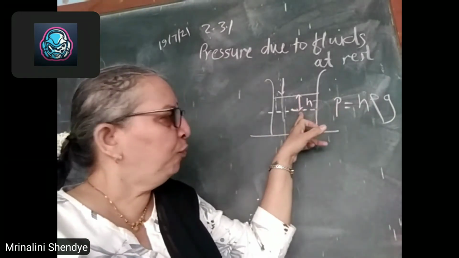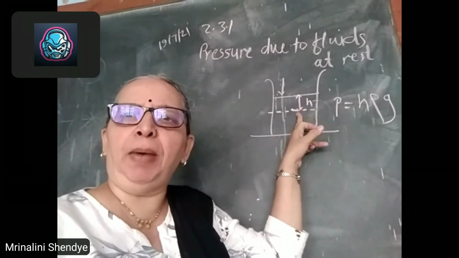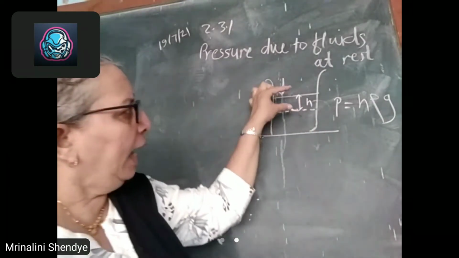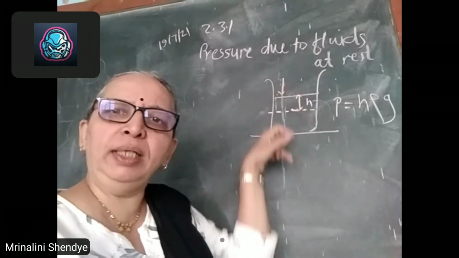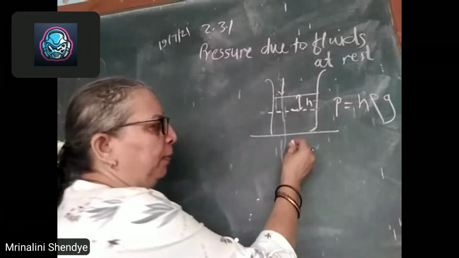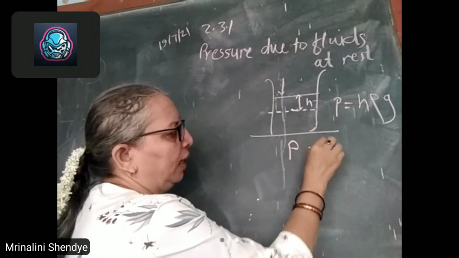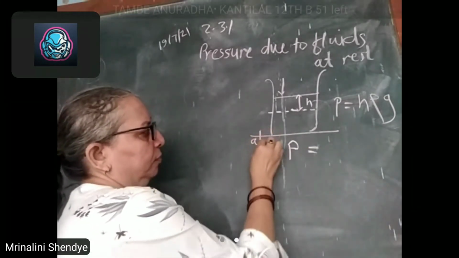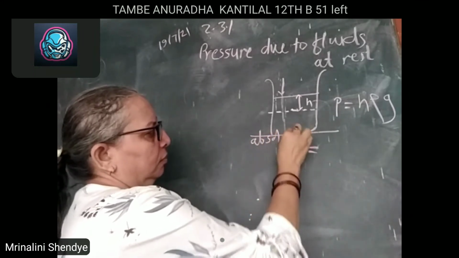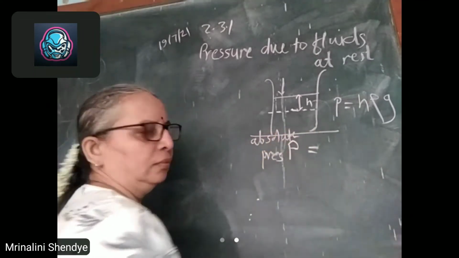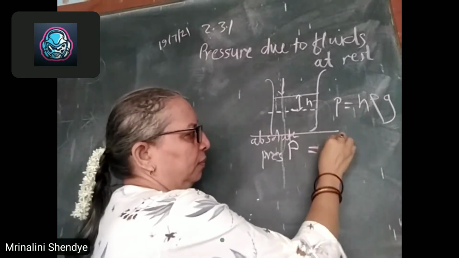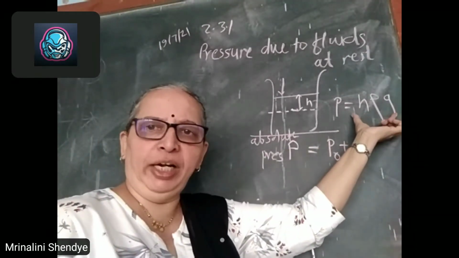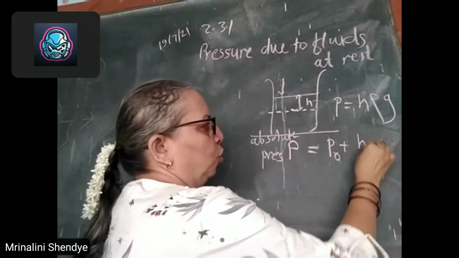So net pressure experienced by a point within the fluid at depth h below its free surface will be the total pressure, which is called absolute pressure: atmospheric pressure plus pressure exerted by fluid column, that is h rho g.